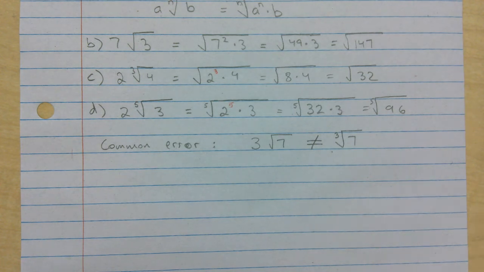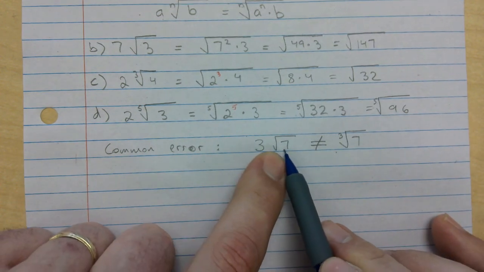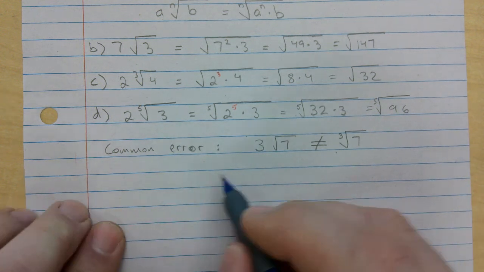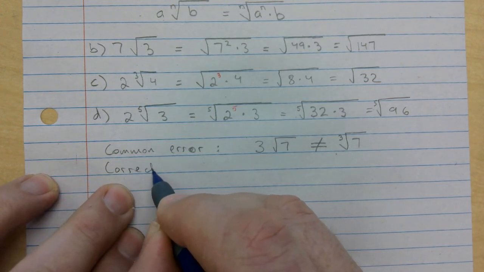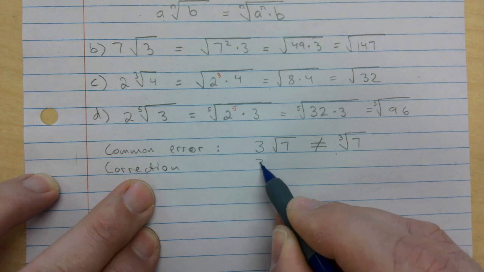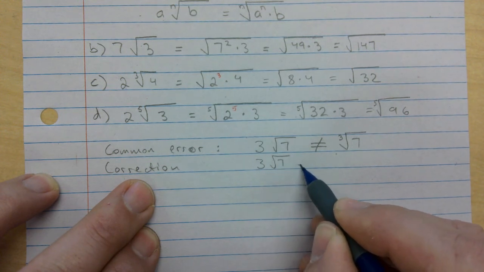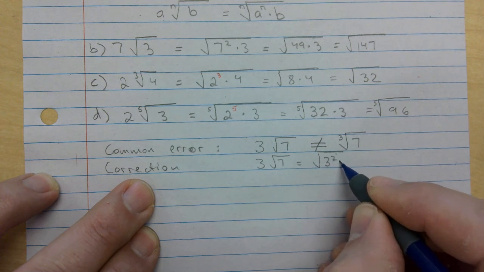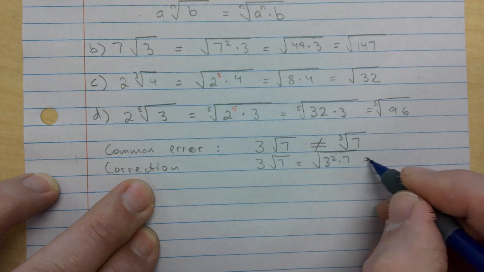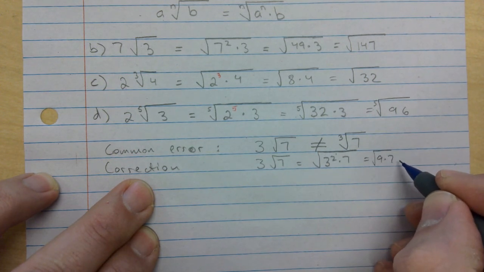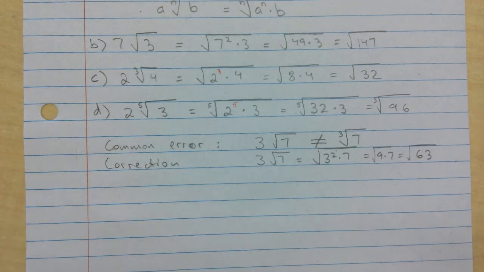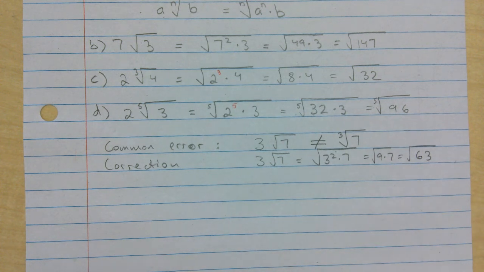It's like, nope, this 3 has to come inside and I will actually get a power. This is the correction. 3 root 7 is going to be 3 squared times 7, which is going to be 9 times 7, which is going to be 63, root of 63. That is the right thing to do, okay?